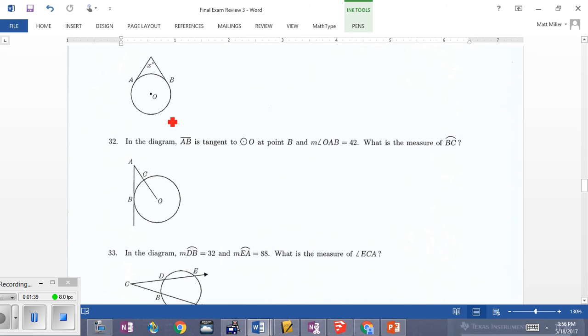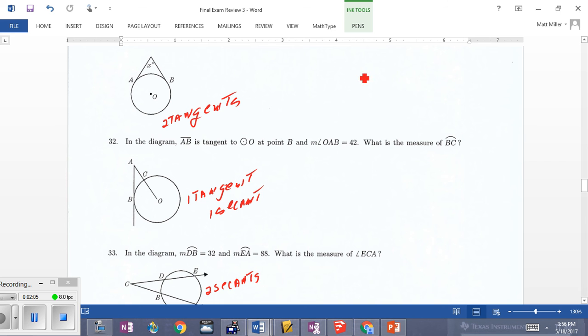This is the exterior angle with 2 tangents. This is the exterior angle down here with 2 secants. And this is the exterior angle with 1 tangent and 1 secant.